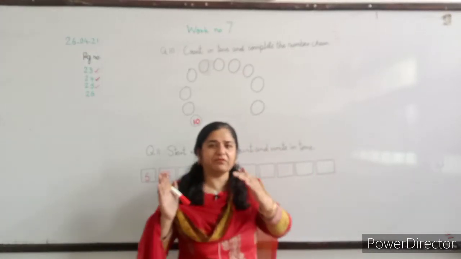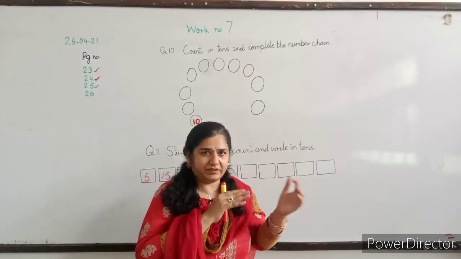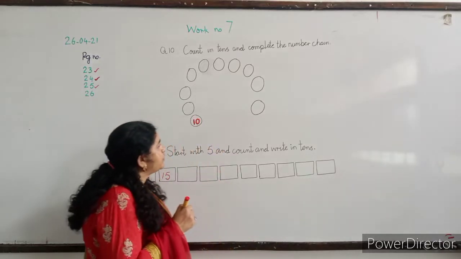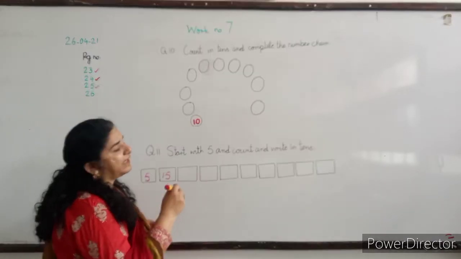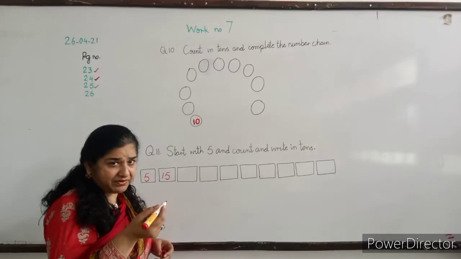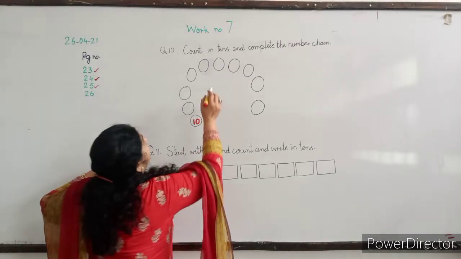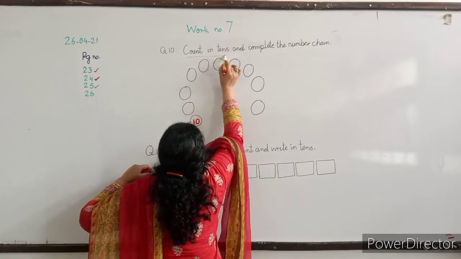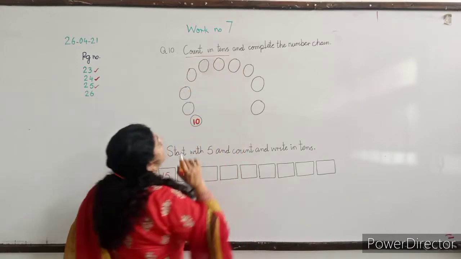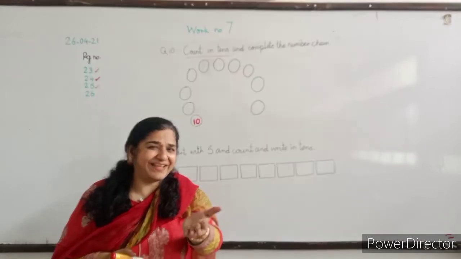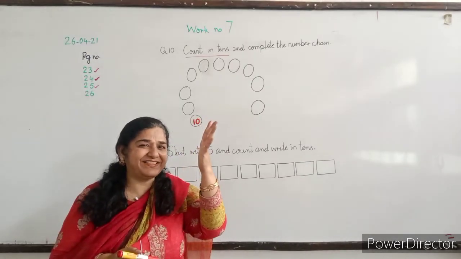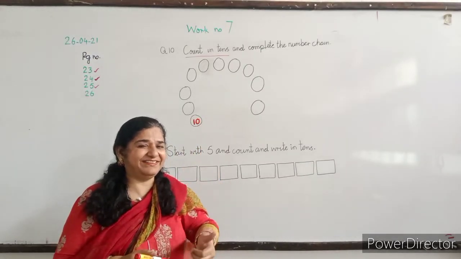Chain means the thing which links with the other thing, right? So look here. This is 10. And after 10, will we write 11? No. Because we have to count in tens. So what is the counting in tens? Yes, some children are saying 10, 20, 30, 40, 50, 60, 70, 80, 90, 100.